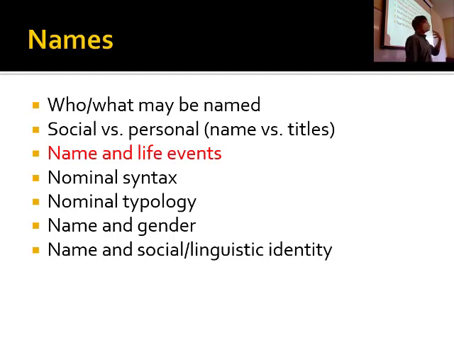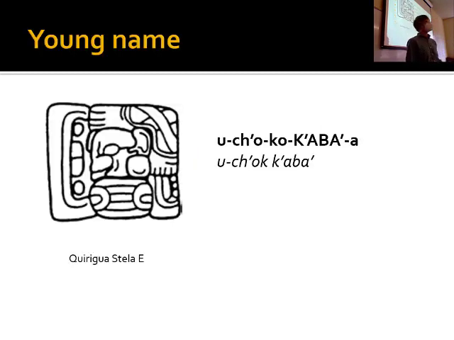Name reflects life events. So if you're a Maya person of noble birth, your name actually changes with different life events. You start out with Okaba, youth name, or unripe name. And you may actually die with that name too, right? If nothing else happens in your life.